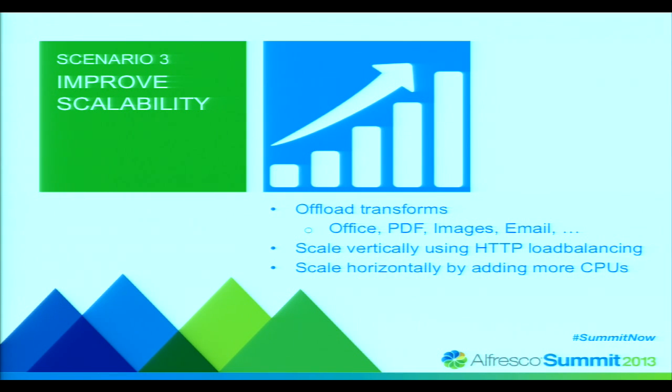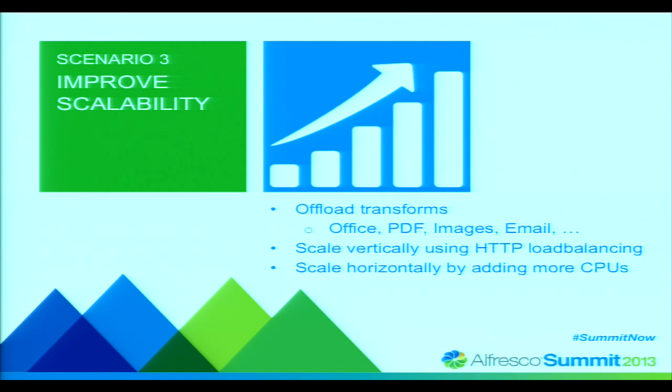This is, of course, particularly valuable in bigger environments. As I said before, SAP is using a 4-node cluster. It's very easy. You need more power, you put an extra box in it. The communication between Alfresco and the transformation server is HTTP or HTTPS based. So you put in a load balancer in the middle, and you can scale vertically and horizontally as you wish.